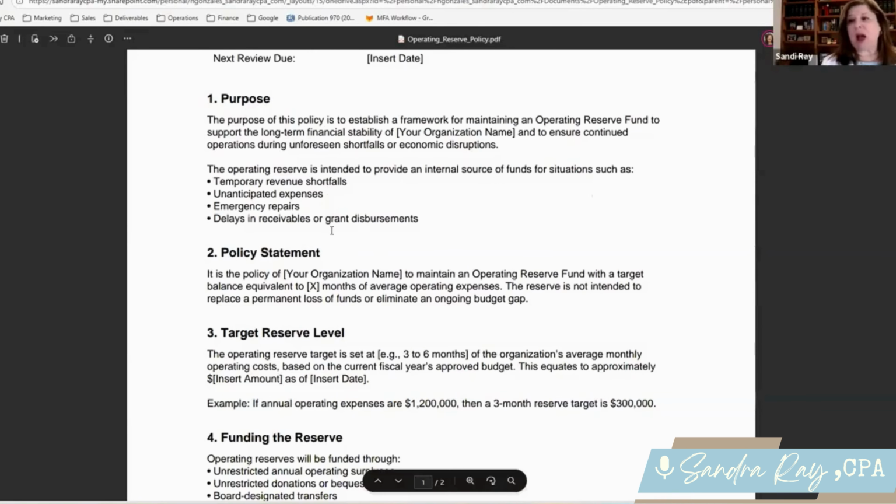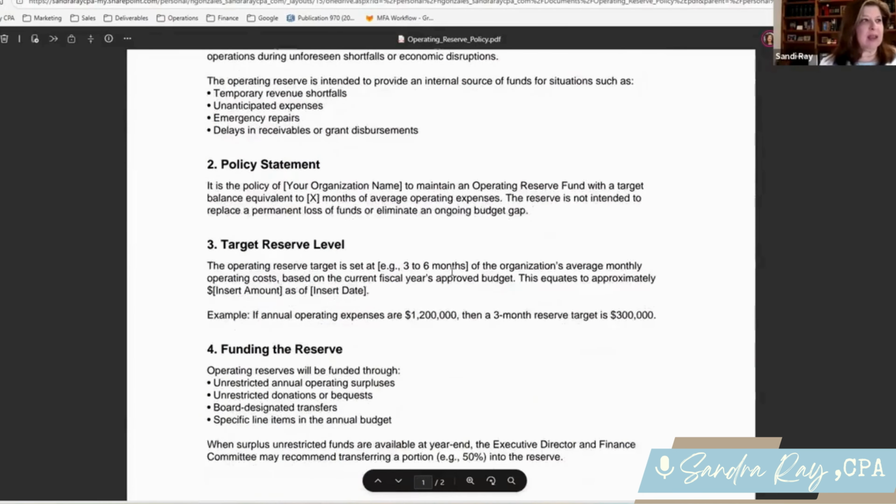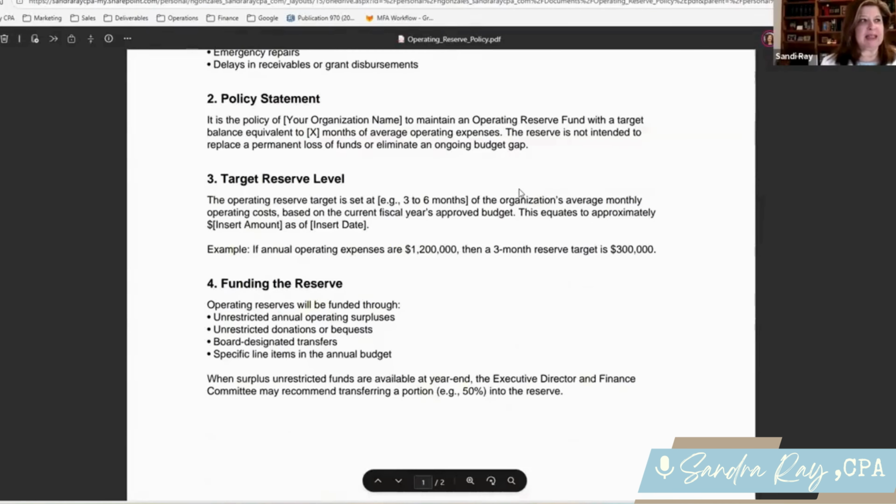And it lists what this reserve fund is for, temporary revenue shortfalls, etc. The policy statement says that this is what the target is. This is where your 3 to 6 months comes in. And it's not intended to replace a permanent loss of funds or eliminate an ongoing budget gap. I think that's important.